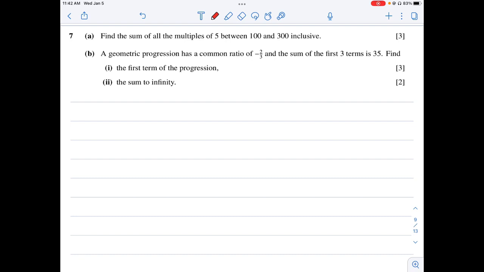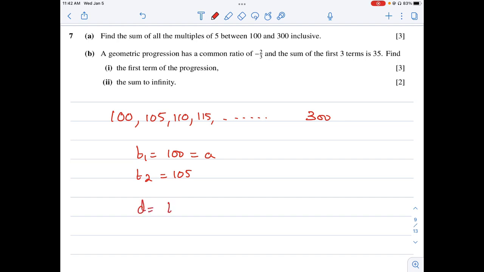Question number 7. Find the sum of all the multiples of 5 between 100 and 300 exclusively. 100, 105, 110, 115, and so on till 300. So my first term is 100, which is equal to a. Second term is 105. So the common difference is t2 minus t1, which is 105 minus 100, which is equal to 5.